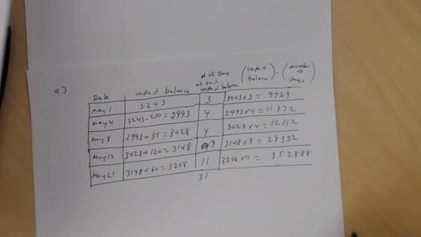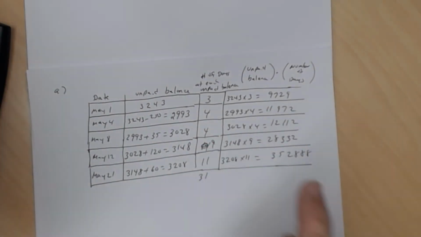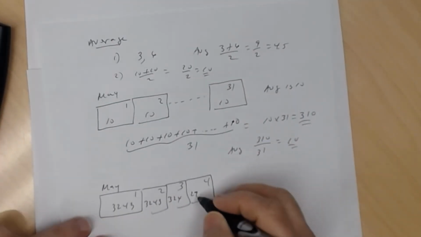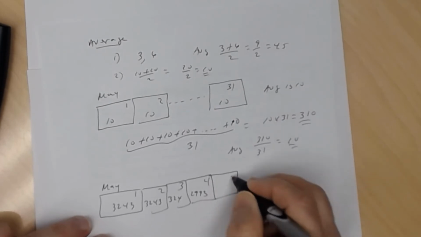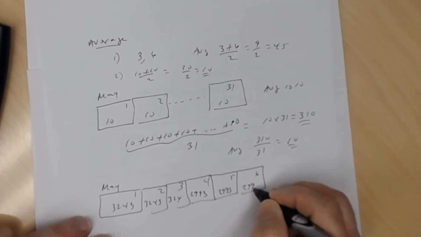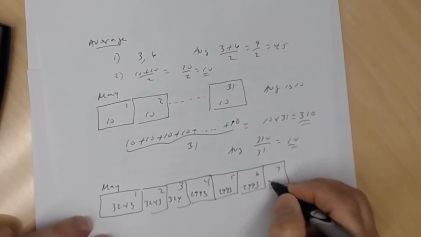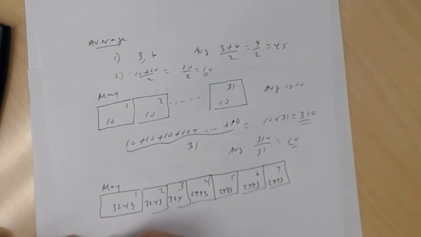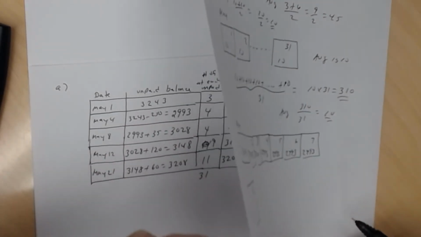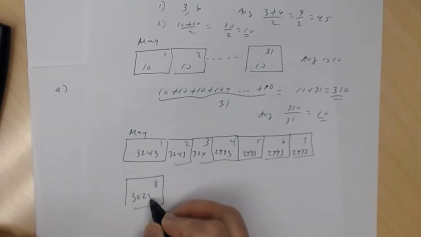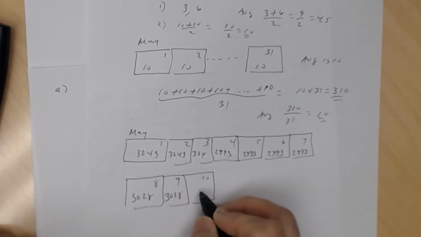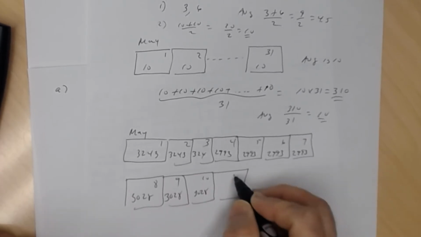For 4 days, May 4th through the 7th, my balance was 2,993. And on the 8th, my balance is 3,028, and that was true on the 9th, the 10th, and the 11th.